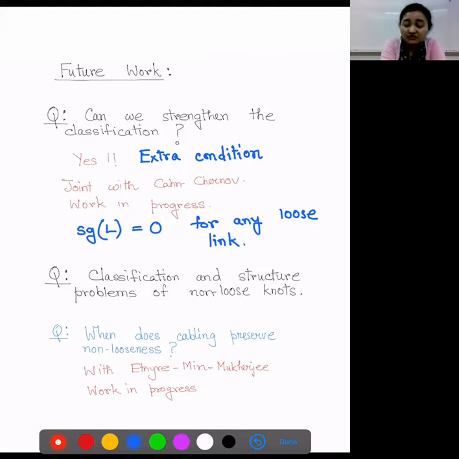Okay. Next is classification and structure problems of non-loose knots, which is very interesting because the classification of non-loose knots does not follow the same path as the classification of knots in standard S^3.